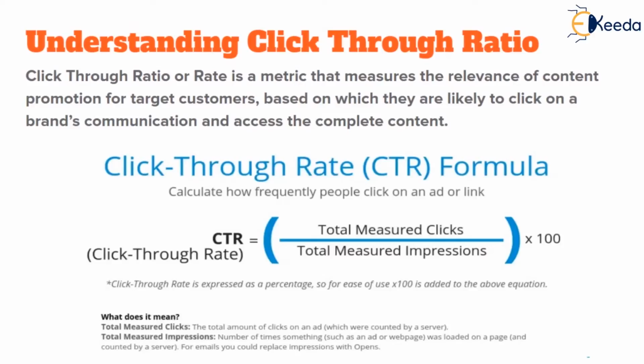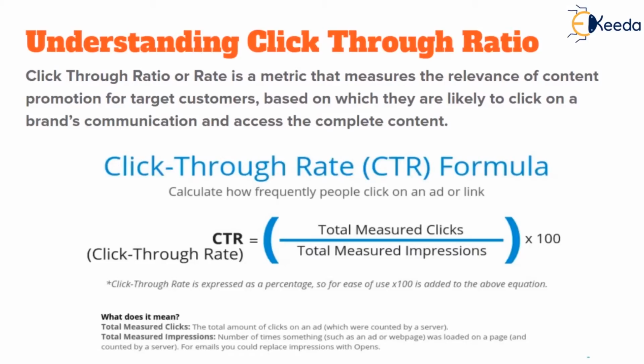So it is measured with a simple formula where you measure the total such impressions generated for your ad, for your promotional content. Then you measure the total number of clicks that happened for that promotional campaign or content, and you multiply that by 100.